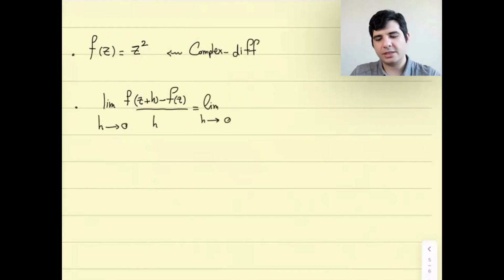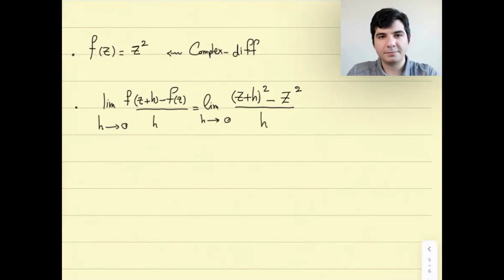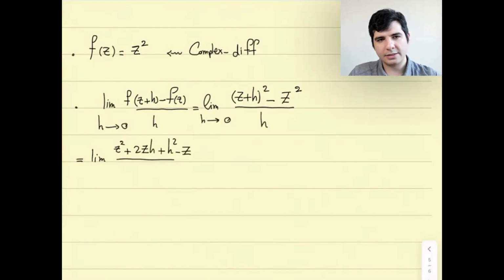So limit h goes to 0. What is f of z? It's z squared. What is f of z plus h? It's z plus h squared minus z squared over h, okay? Now let's expand this. So this is equal to the limit of z squared plus 2zh plus h squared minus z squared, right, over h, and h goes to 0, right?